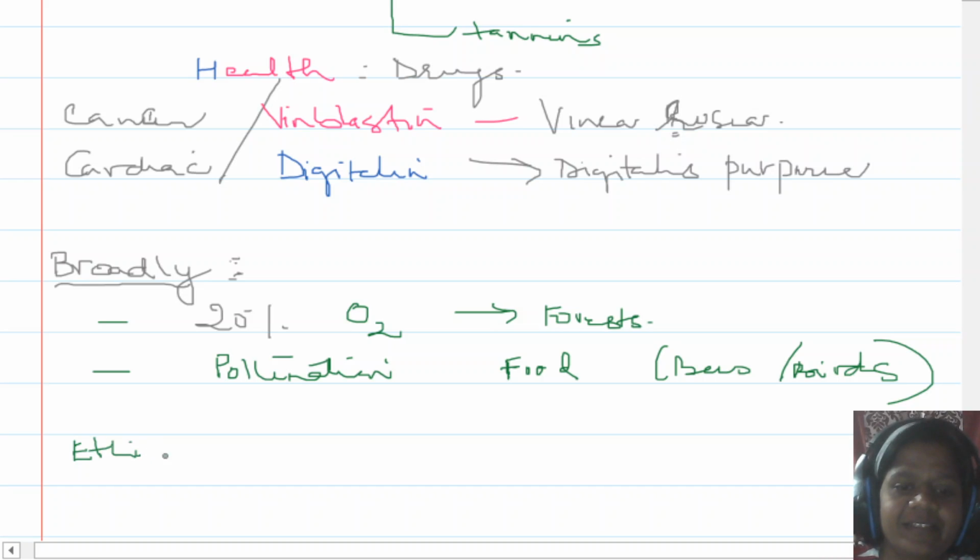Ethical means moral value. That is, we are supposed to give the environment back to the future generations as is, and not destroy it with our need and greed.